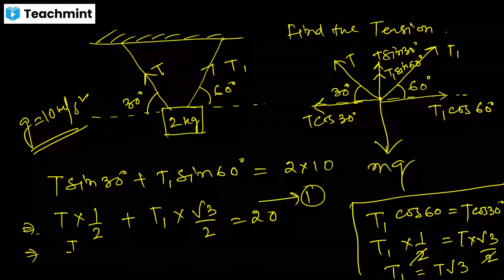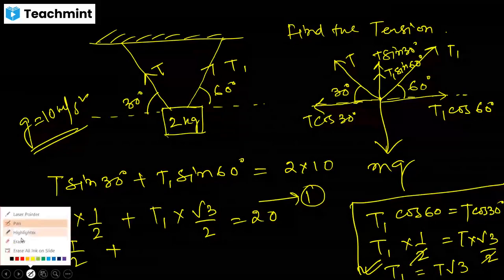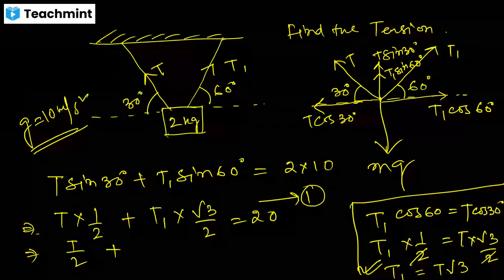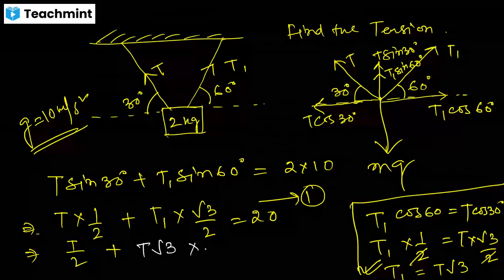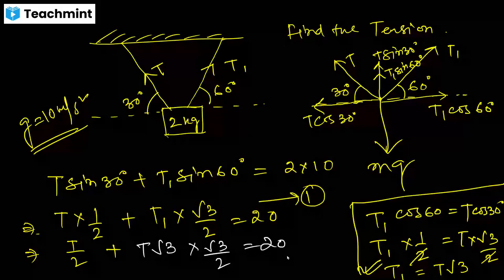So it will be T by 2 plus T1, and T1 has the value of T multiplied by root 3. So it will be T multiplied by root 3 multiplied by root 3 by 2, equal to 20. Up to this much, tell me, is everything clear?